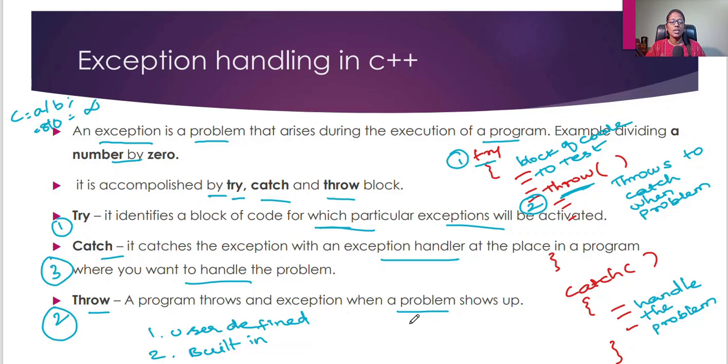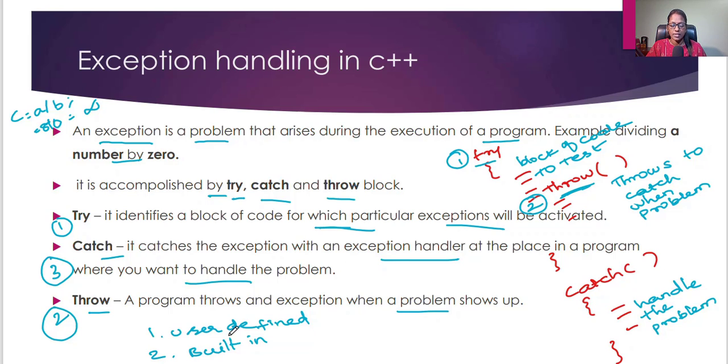And catch catches the exception with an exception handler at the place in a program where you want to handle the problem. See, the syntax is try, with a block of code to test, throw when a problem occurs, and catch, which handles the problem. Whatever it catches, it will handle the problem.